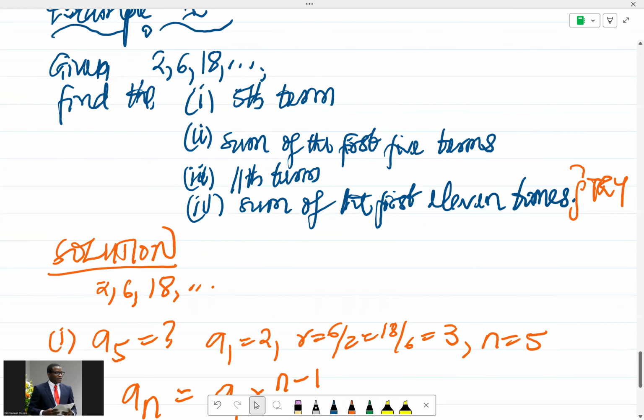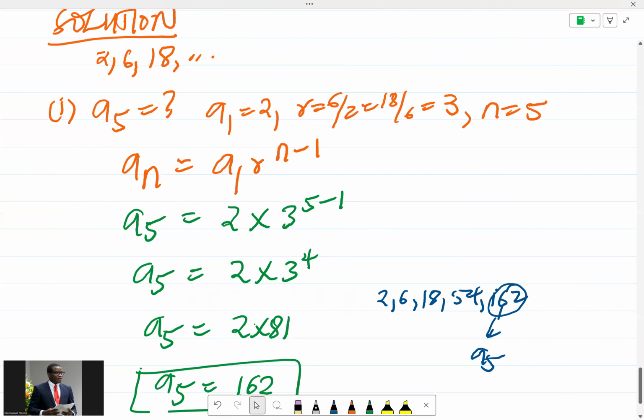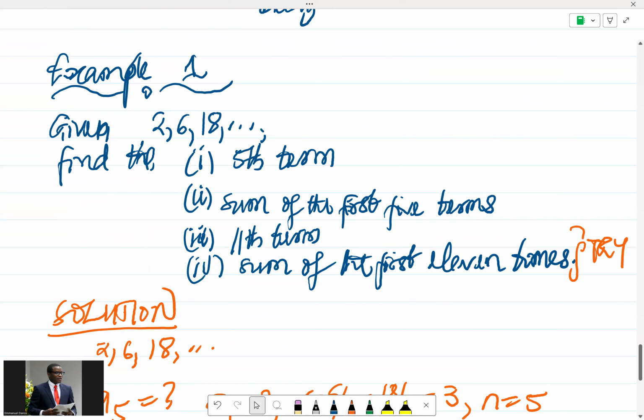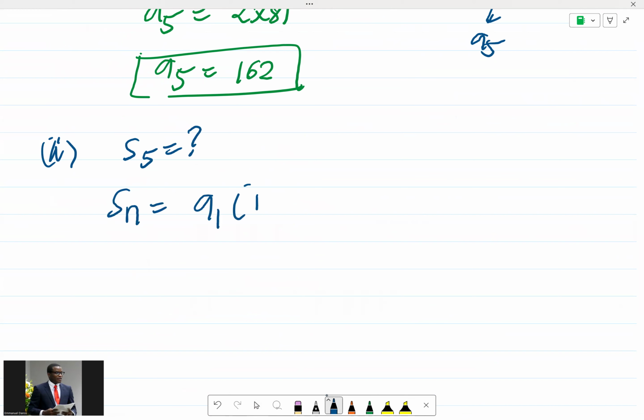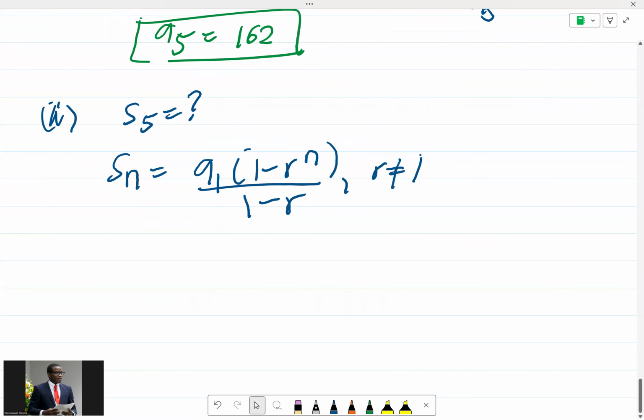We also need to find the sum to the fifth term, the sum of the first 5 terms. So now you need S5. To find S5, the formula to use is Sn, which is A1 into 1 minus R raised to power n, divided by 1 minus R, given that R is not equal to 1, to make sure the expression is always defined.